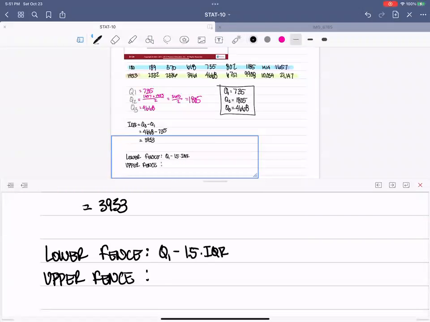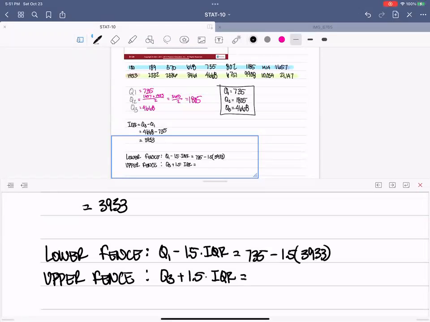Our upper fence is a higher number, so Q3, and we're going more, so plus 1.5 times our IQR. And here, Q1 is 735 minus 1.5 times our IQR, 3933. Q3 was 4668, and this time it's plus 1.5 times our IQR, 3933.